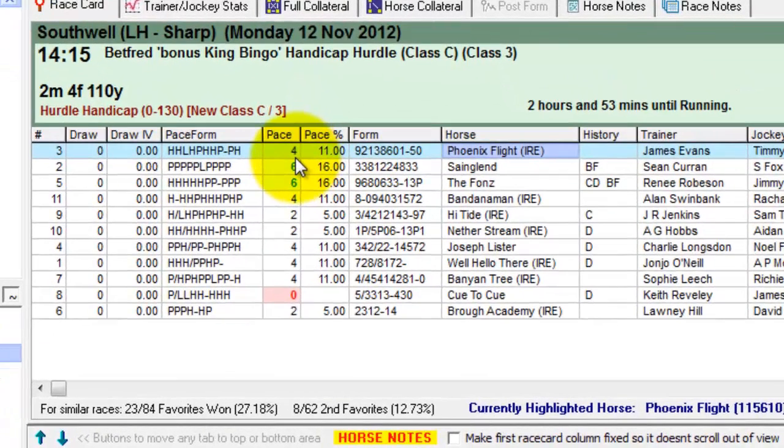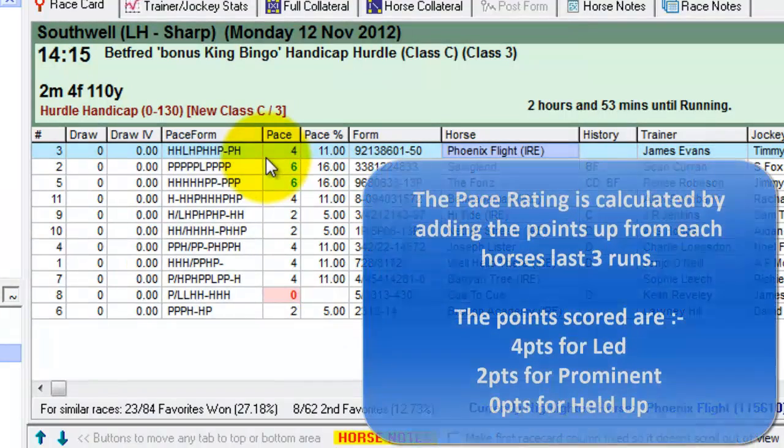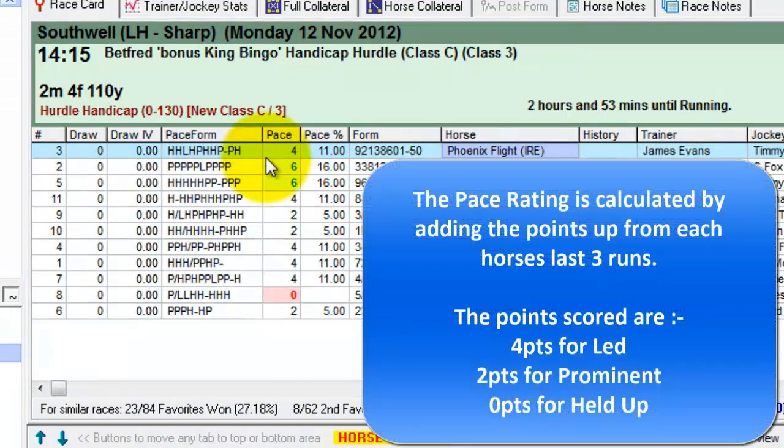The pace rating is calculated from the pace abbreviations of the last 3 runs this horse had. Points are allocated on a scale of 4 points if the horse led, 2 points if the horse was prominent, and 0 points if it was held up, with the 3 pace points added together to give the pace rating.